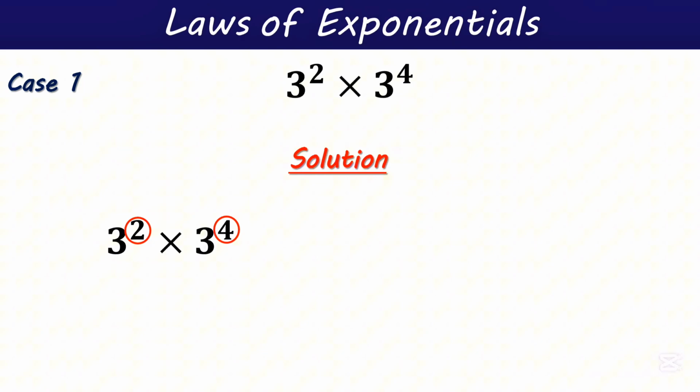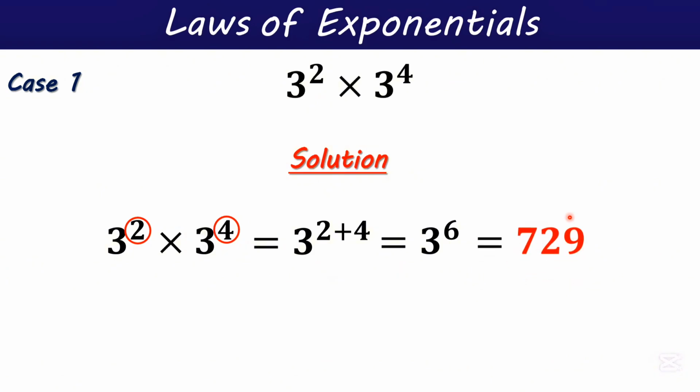Then we find the sum. Since the bases are the same, 3 and 3, we write one of the base and find the sum of their powers. This gives us 3 raised to the power 6, and the final answer is 729.